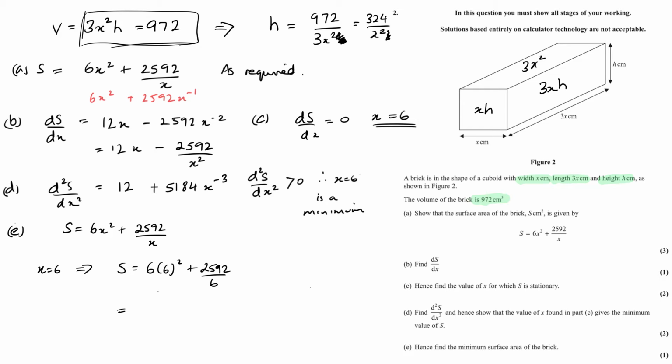And then we're just popping this in our calculator. So it's effectively 6 cubed, isn't it? Plus 2592 over 6. And we get 648 centimeters squared, and that's the minimum area there, or minimum surface area.